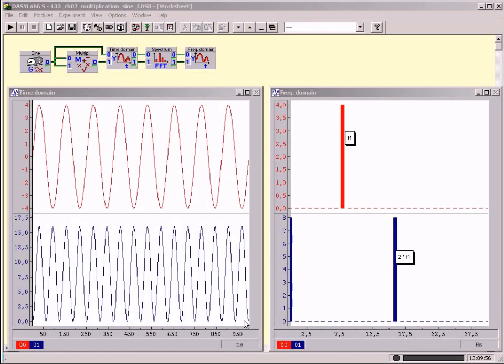In the time domain, we see a sinusoidal signal of twice the frequency, which has a direct voltage superimposed on it. At the output, we find another frequency related to the input. By definition, this means nonlinearity.